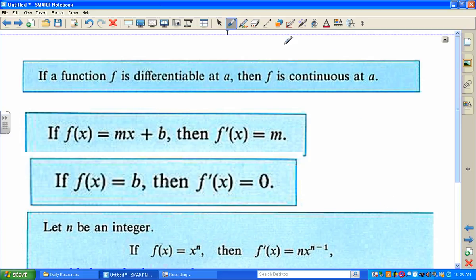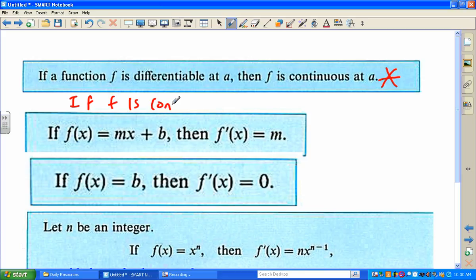Here's an FYI. If a function is differentiable, then it's continuous at a. That means it's smooth. The question is, is the converse of this true? If f is continuous, does that mean it's differentiable?